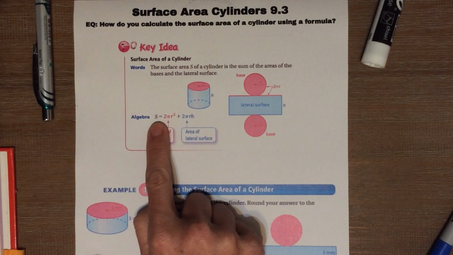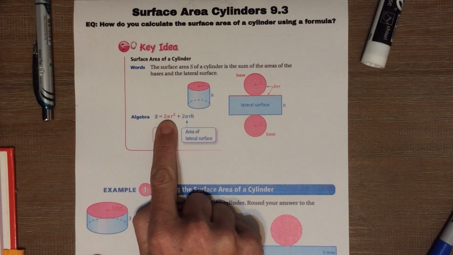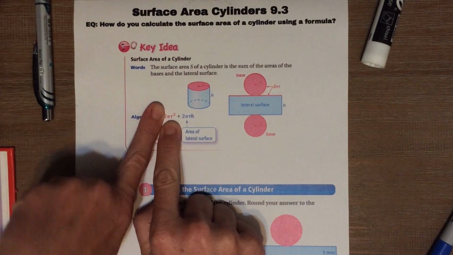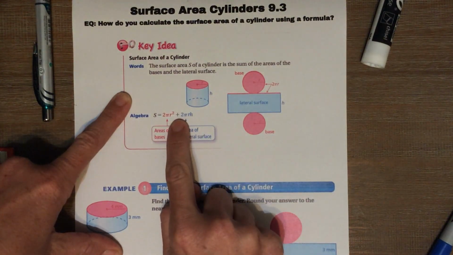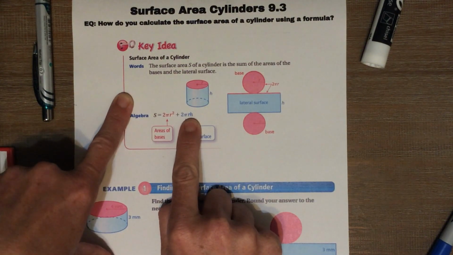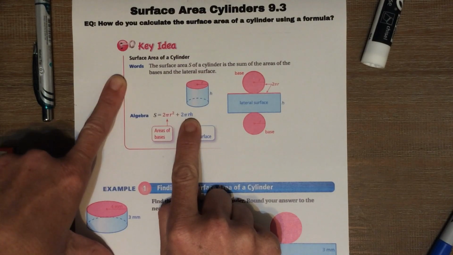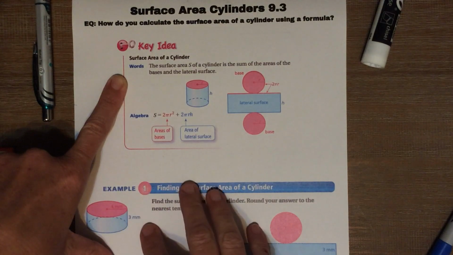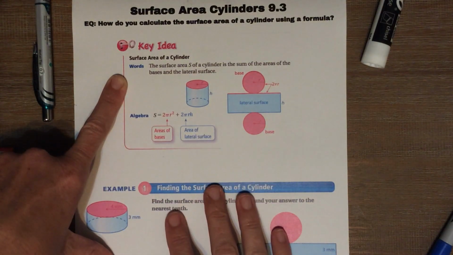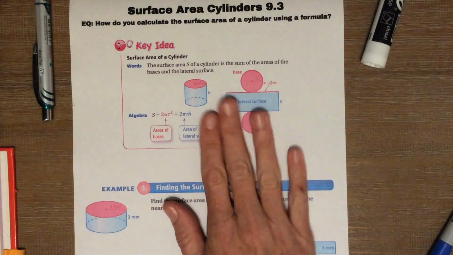Okay, the formula is 2 pi r squared, because we know that pi r squared is the area of a circle, and we have two of them, the top and the bottom bases. And then 2 pi r h. When we derived our formula for area of a circle, we talked about the relationship between the radius and the height and all that good stuff. So that's the formula that we can use.